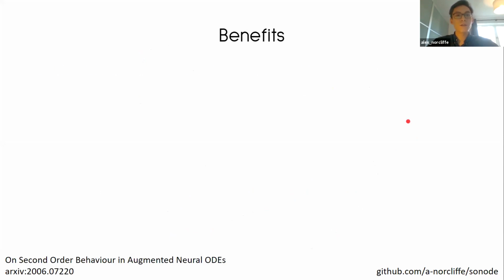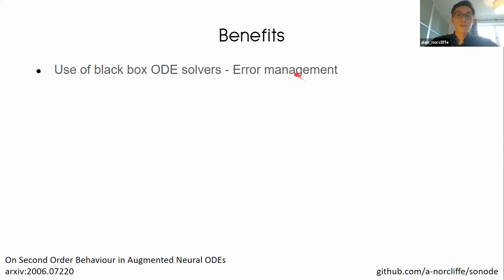Other benefits include the use of black box ODE solvers, and these come with some error management. There'll be some tolerance for how much these can diverge from the true solution, so that makes nice, controlled networks. Ordinary differential equations are well established theoretically.